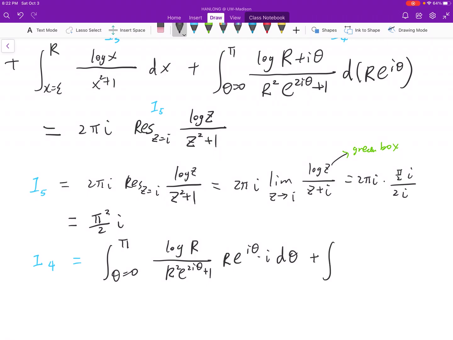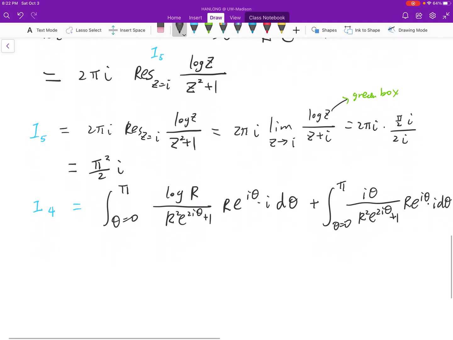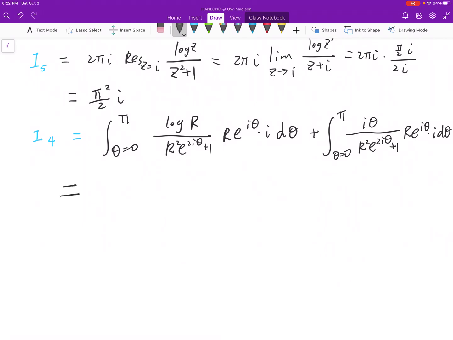The second term is the integral of theta from 0 to pi of i theta divided by R squared e^(2i theta) plus 1, times R e^(i theta) times i d theta. Then let's bound the magnitude.